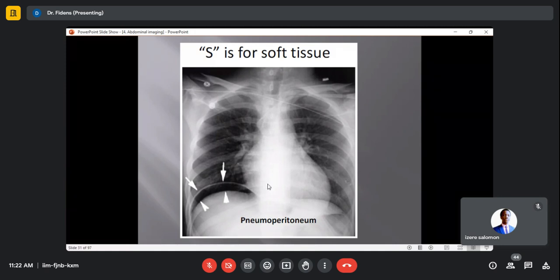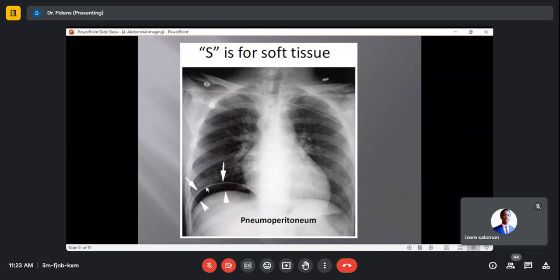Sometimes you can miss the pneumoperitoneum because of the technique you have used. It's better to ask the patient to change position, maybe be seated for some minutes, before you do the abdominal or chest radiograph to diagnose the pneumoperitoneum. You have to give some minutes for that air to go up so that you can see it under the diaphragm. Otherwise, you can miss the pneumoperitoneum.